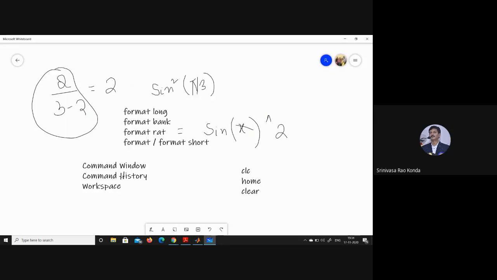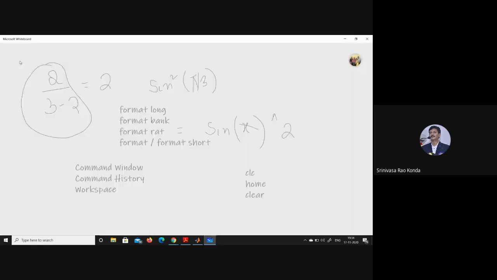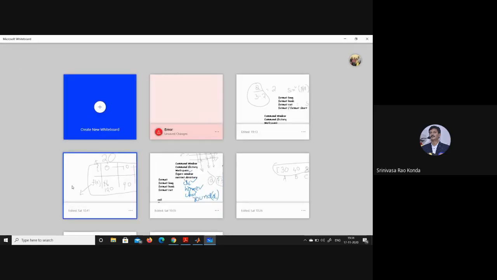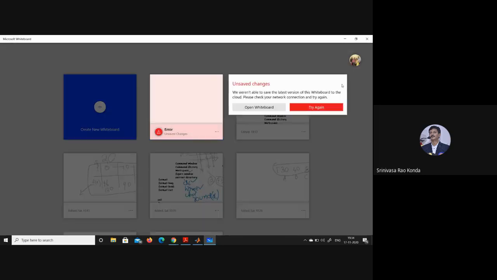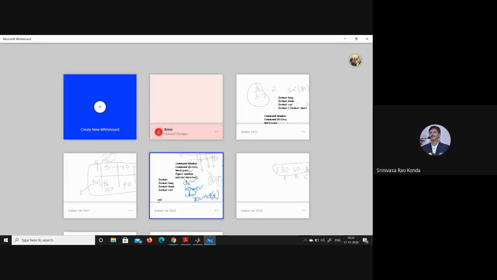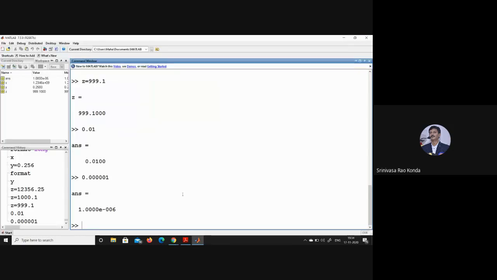Today I explained what is the command window, what is command history, workspace, format long, format bank, format rat, format short, CLC, clear, home. So these topics I explained, and also rounding techniques, formatting techniques, and some other techniques I explained.